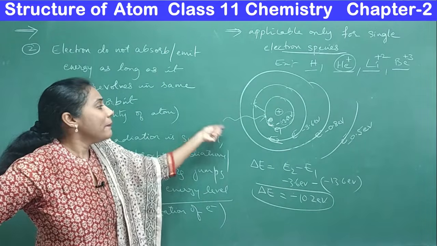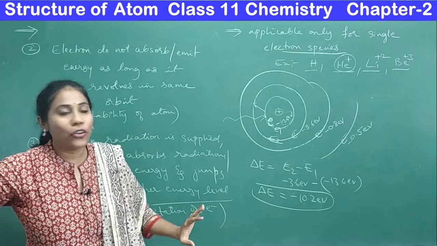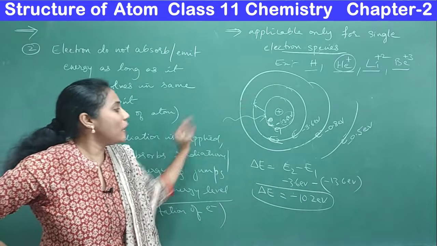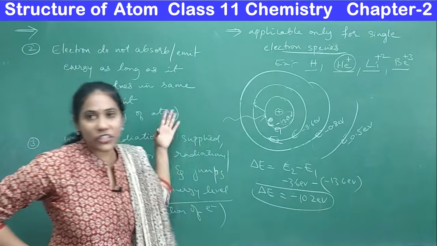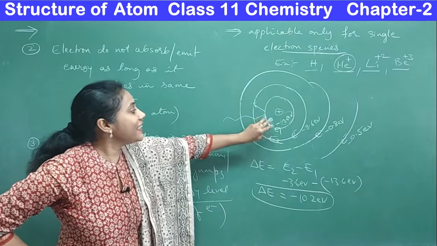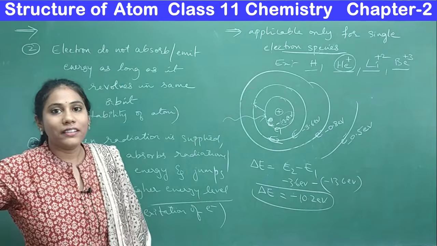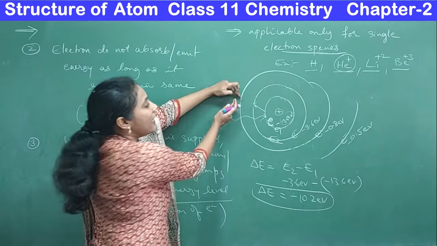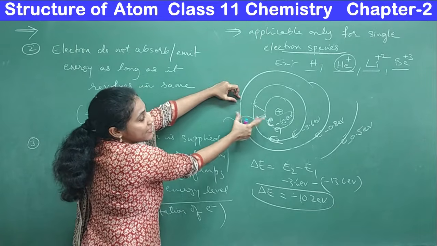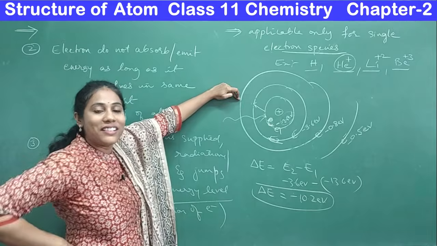It's not that by getting any energy it jumps to a higher energy level. No. When you give radiation having this much energy, only then can it absorb that energy and jump to the second level. If it has to jump to the third level, then you must give an energy equal to the difference between the energies of the third level and the first energy level.